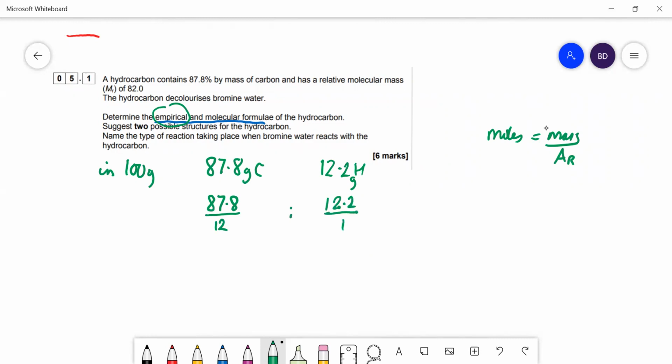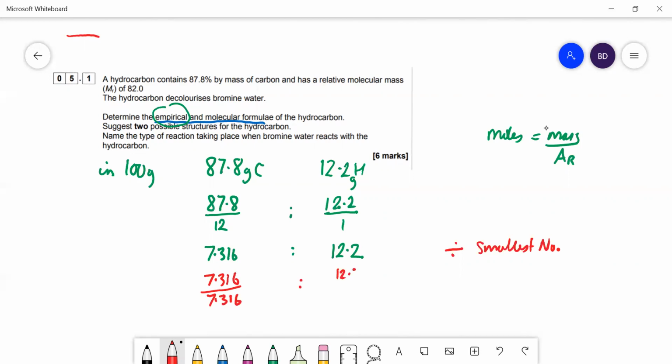Do that on a calculator, you get 7.316 to 12.2. If you want to simplify a ratio, you divide by the smallest number, which is of course 7.316. So 7.316 divided by 7.316, and 12.2 over 7.316.